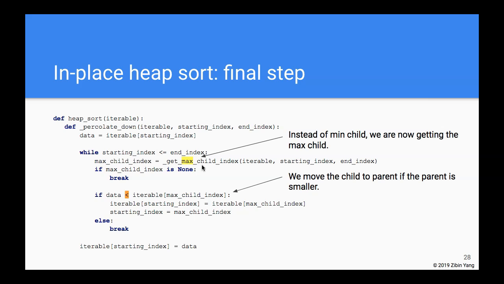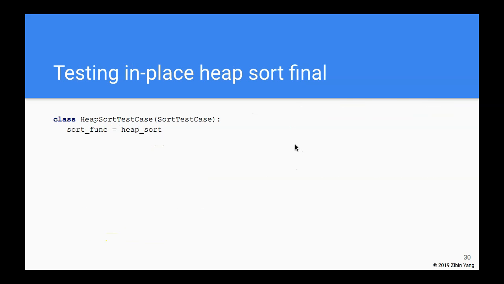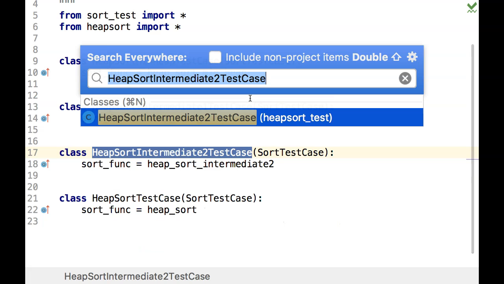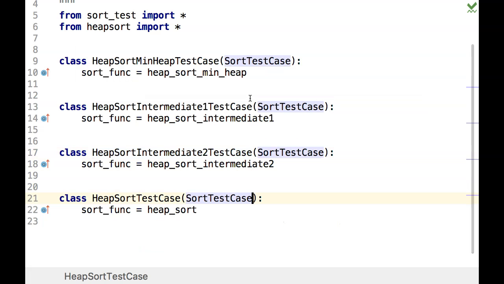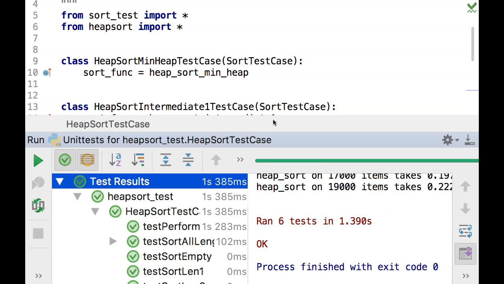Instead of get min child, we do a get max child, and then again in the get max child itself, we flip the comparison operation, and that's it. That's the final heap sort, which I wrote, and it's called heap sort, just simple and straightforward. And if we run the test case, it's all good.